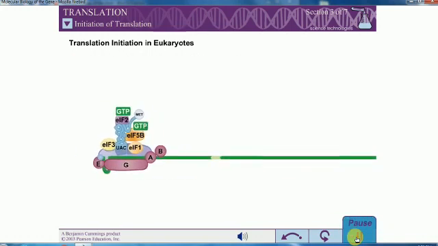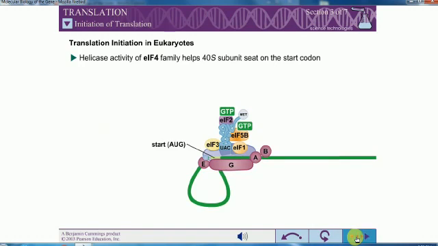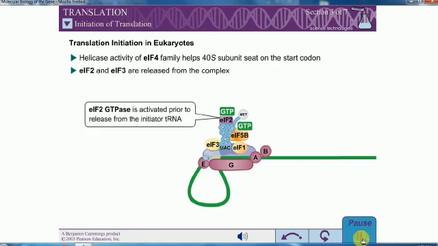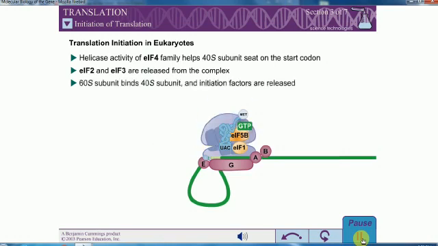Once bound, the 40S subunit scans along the message, aided by the eIF4F helicase activity, until the anticodon of the initiator Met tRNA recognizes the AUG start codon on the mRNA. eIF2 and eIF3 are released from the complex, and the 60S large subunit completes the ribosome.